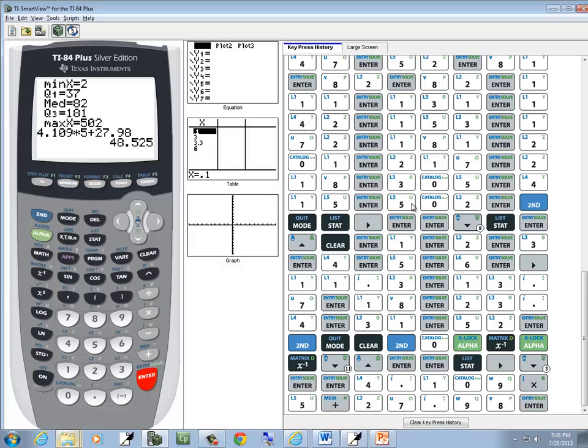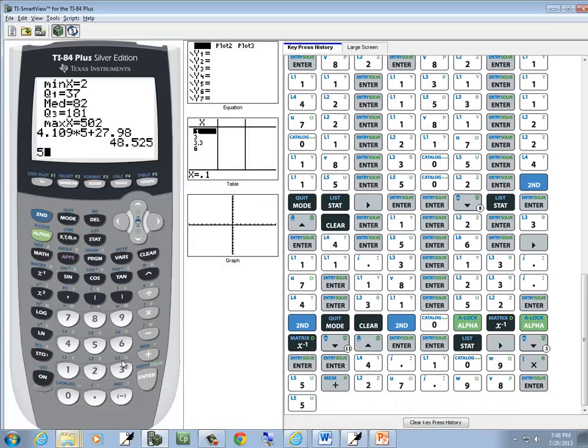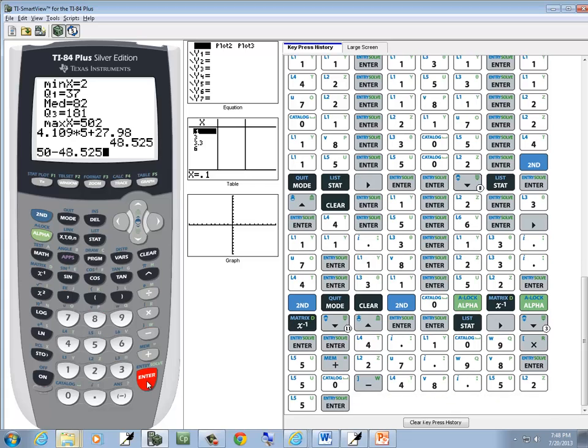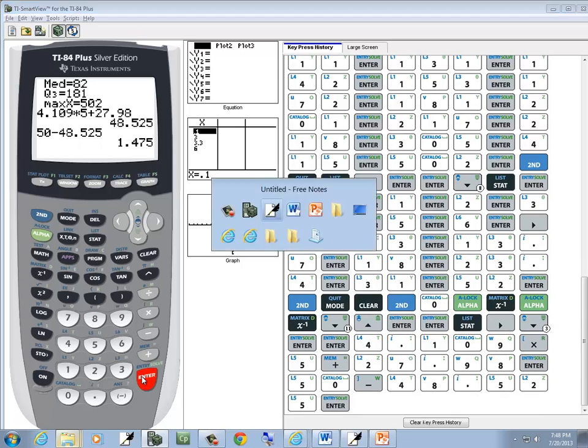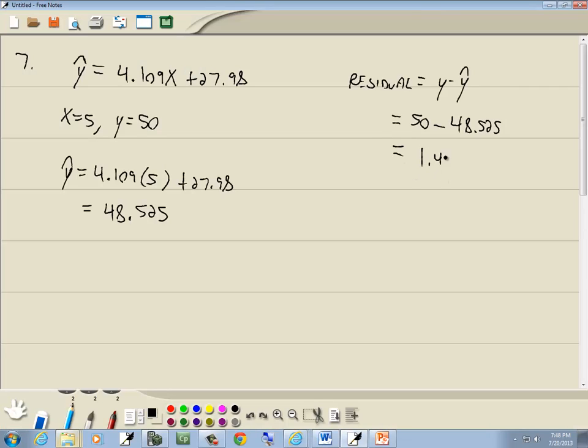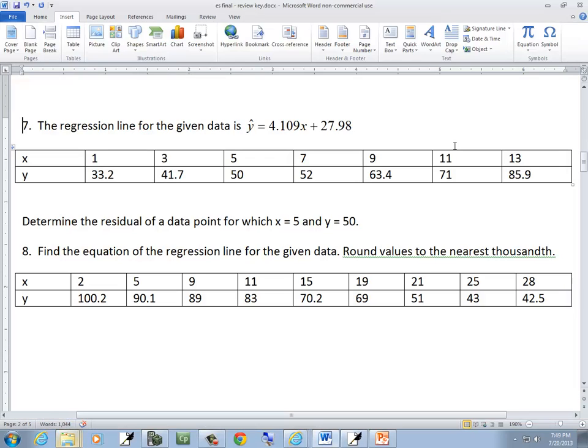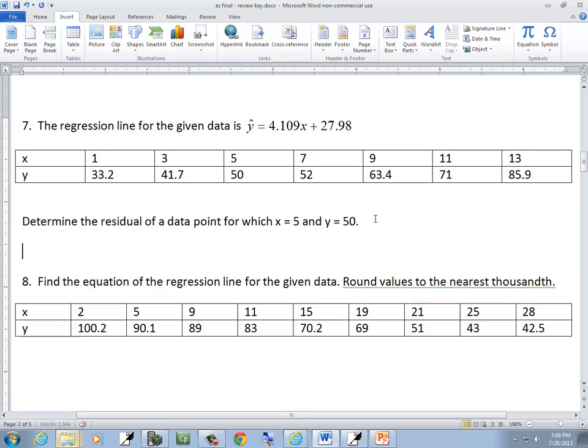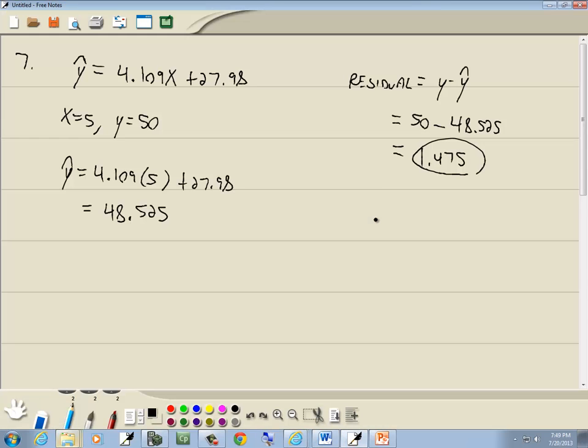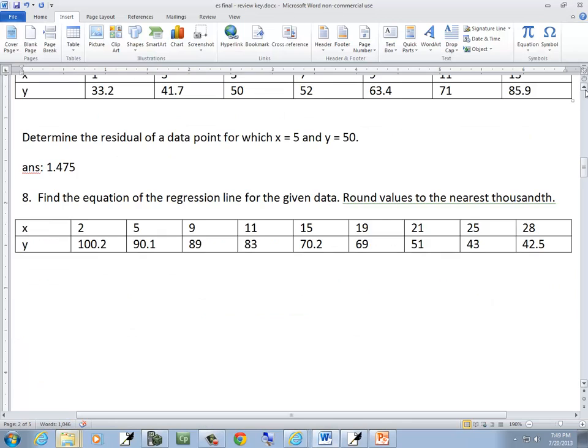And that's going to give us 50 minus 48.525, and we get 1.475. Residual is your error. 1.475. There we go.